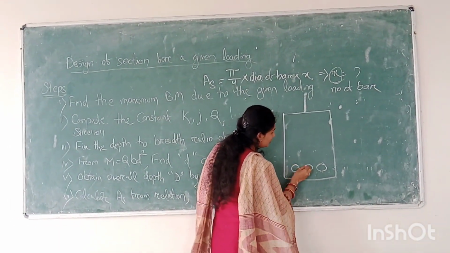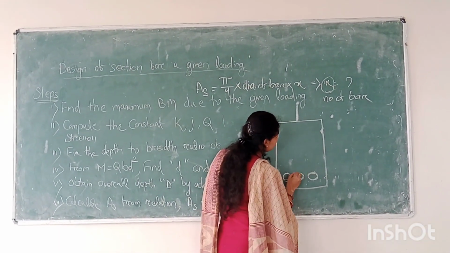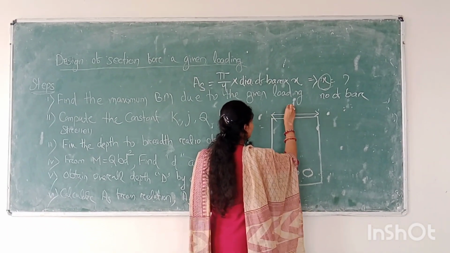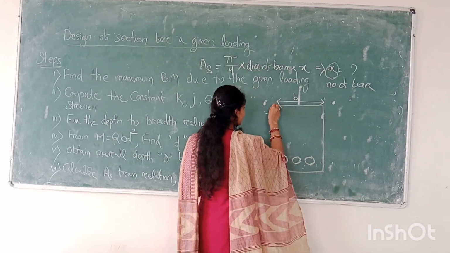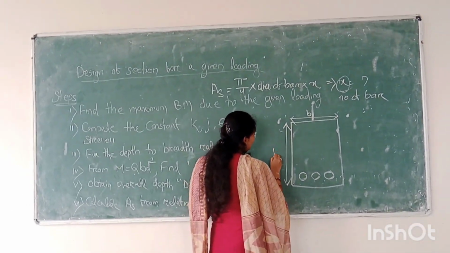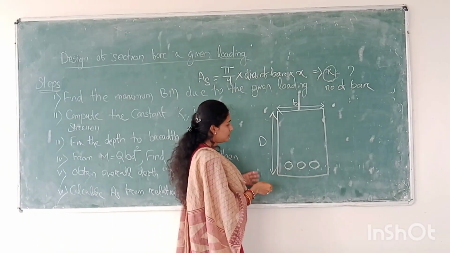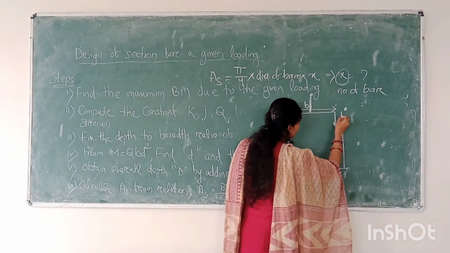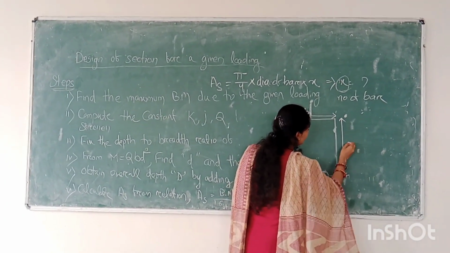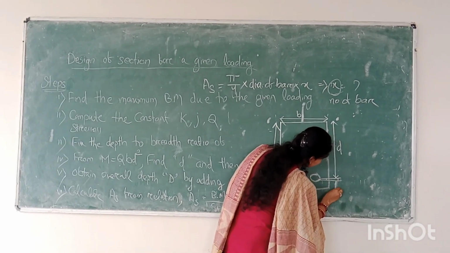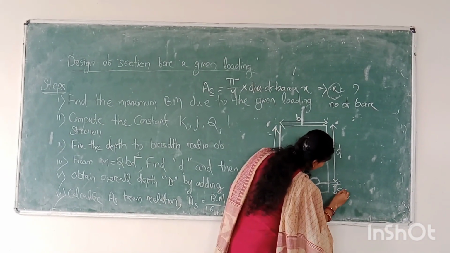So this is the number of bars. The width will represent the breadth B. Capital D, the overall depth, plus the small d, the effective depth, and the clear cover value.